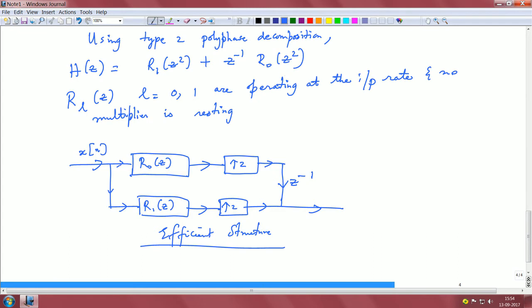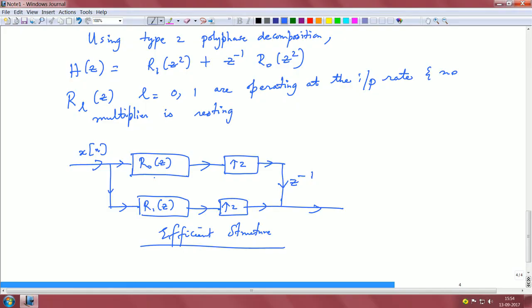So it is upsampling followed by filtering through polyphase, and then what we do is basically group the structure very carefully like what we did in the decimation filters. So we swap using Noble identities the upsampler and the reduced order filter, and we have an efficient architecture for doing interpolation.